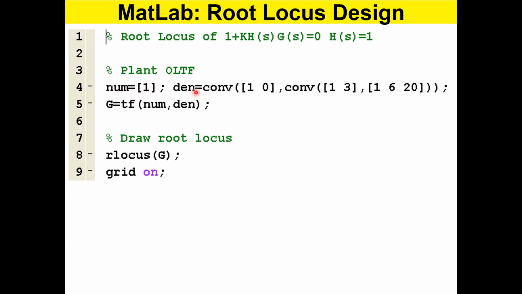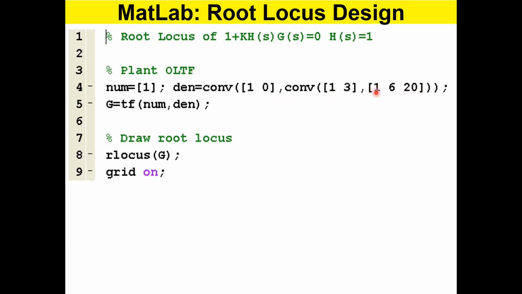Numerator is 1. Denominator is this: 1 0 means s, plus 0 meaning s, and then this 1 3 bracket means s plus 3.